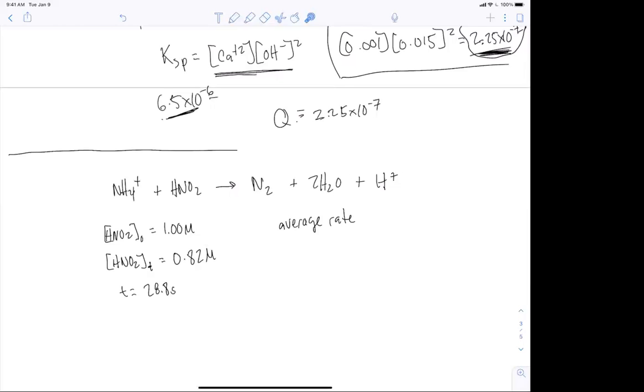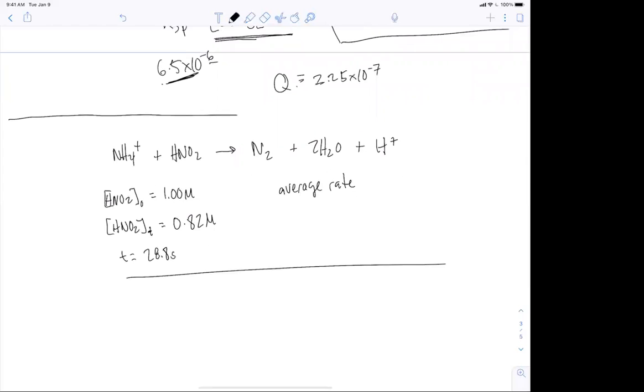What they're asking is like, let's say I travel 5 miles, and it takes me 1 hour to get between point A and point B, which are 5 miles apart. What's my average rate?